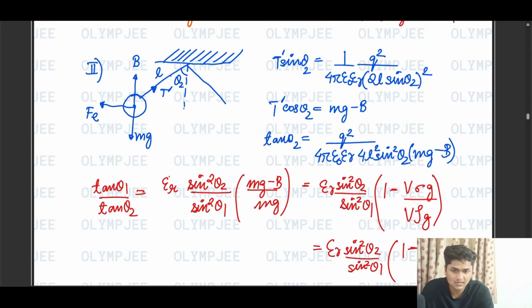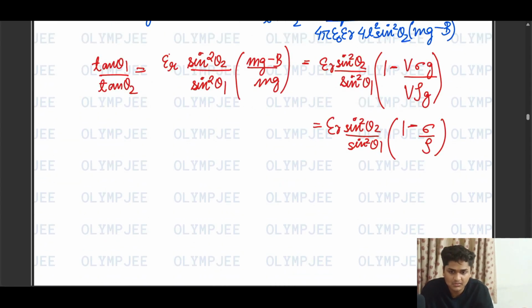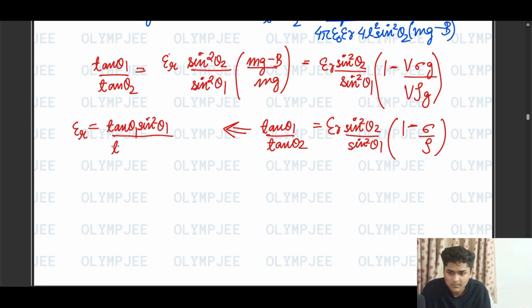So from here we needed to find the relative permittivity in terms of this. So this will give us relative permittivity is equal to one divided by 1 minus this.